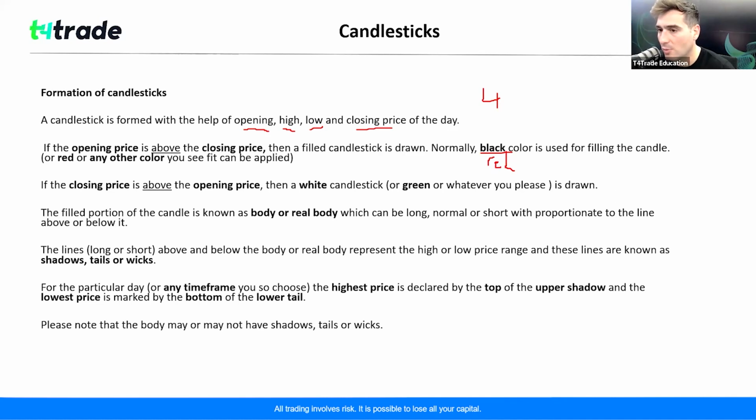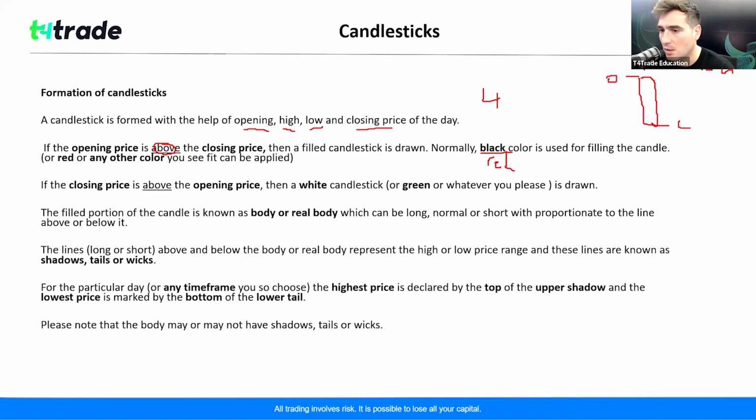So if open is here and close is here, that is a bearish candle. Without colors, you know what it is, because it tells you the open price is higher than the close price.